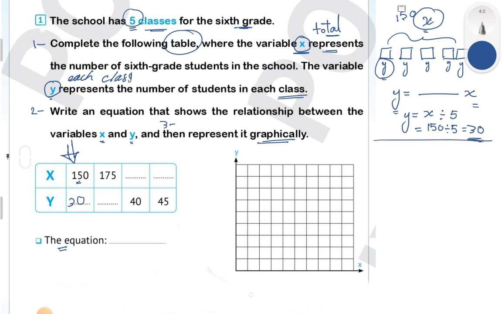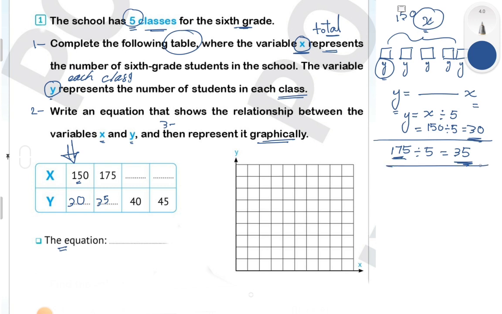Another one. When you have 175 students, divide it by 5, we will get 35 students. Now I substitute x by the next value, 175. I get the value of y, 35.